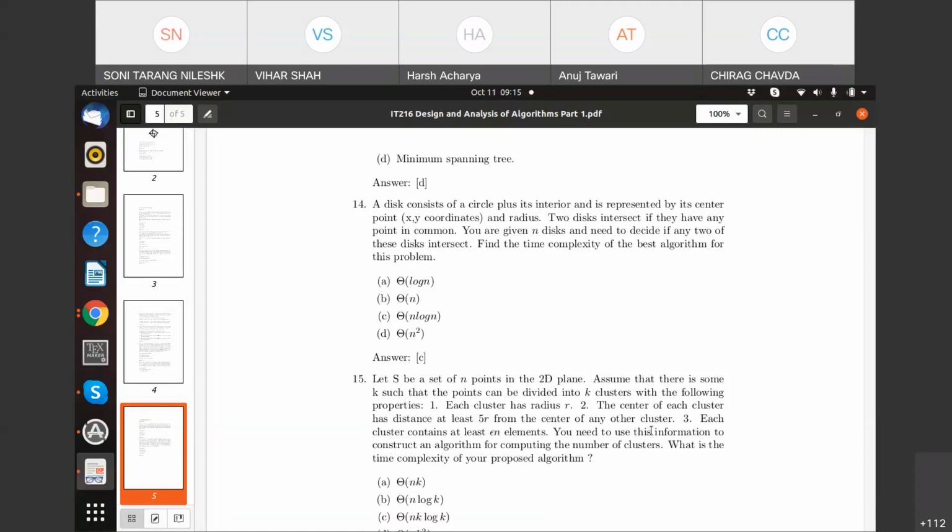You don't need to find the exact clusters, you just need to find the division of the points into these clusters.